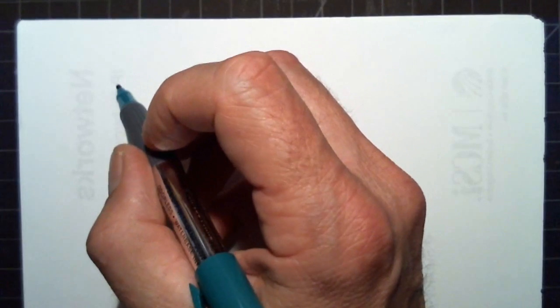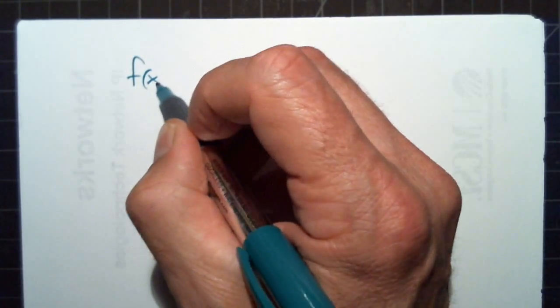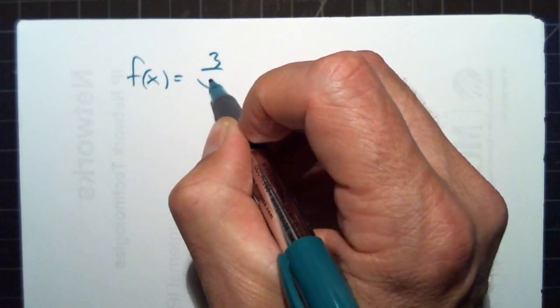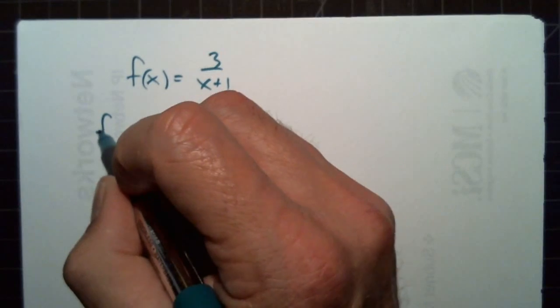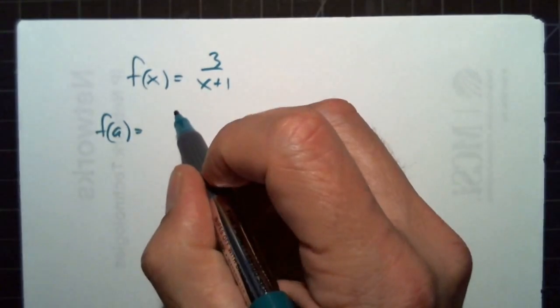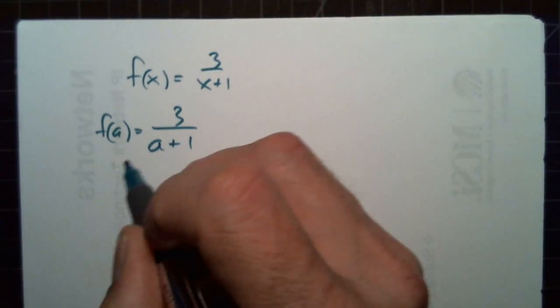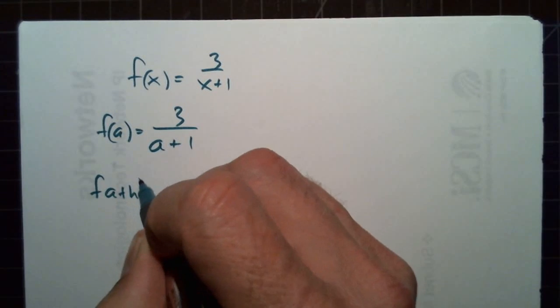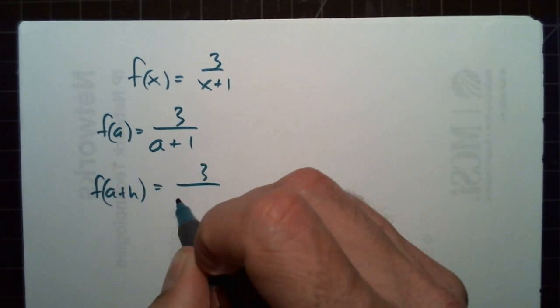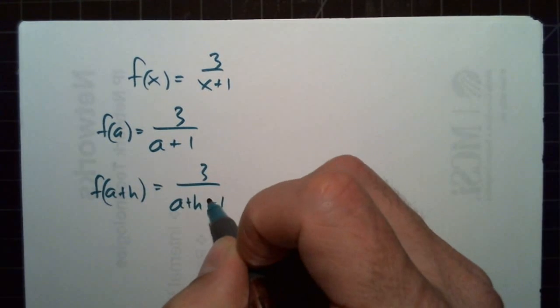All right. And the last one. That was f of x equals 3 over x plus 1. And we have to do f of a will be 3 over a plus 1. F of a plus h, 3 over a plus h plus 1.